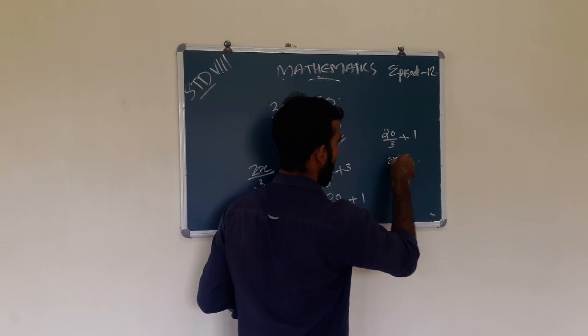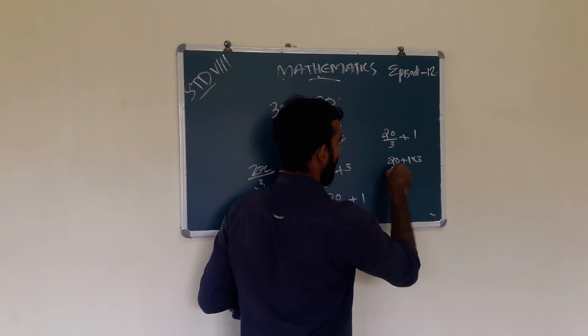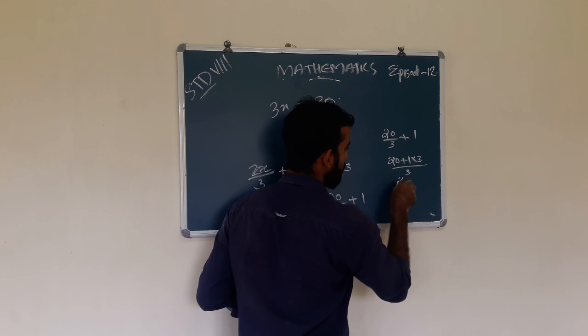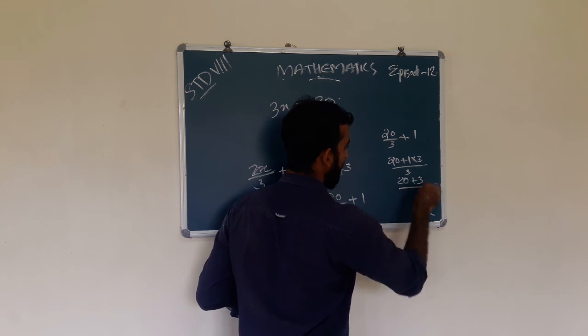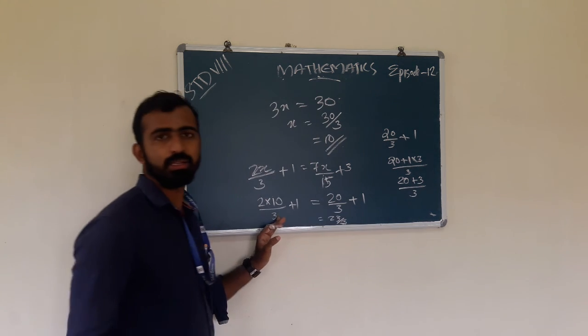That is (20 plus 1 into 3) all divided by 3. That is 20 plus 3 by 3. That is 23 by 3.